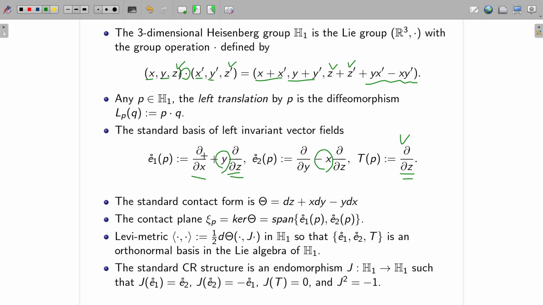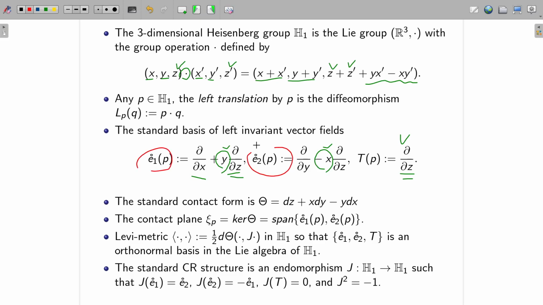But for the other two, E10 and E20, there are two functions, y and minus x, in front of the third coordinate. Then the standard contact form is dz plus x dy minus y dx, and the contact plane is spanned by these two standard bases, E10 and E20.